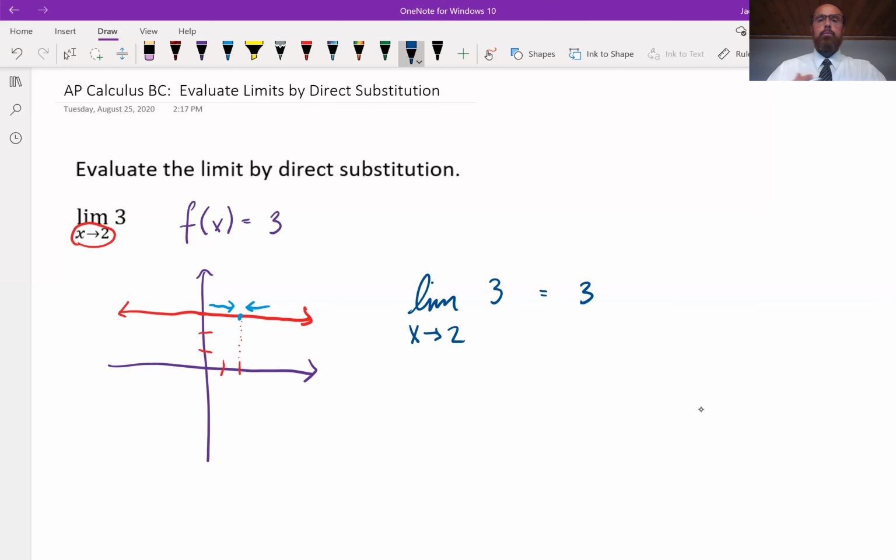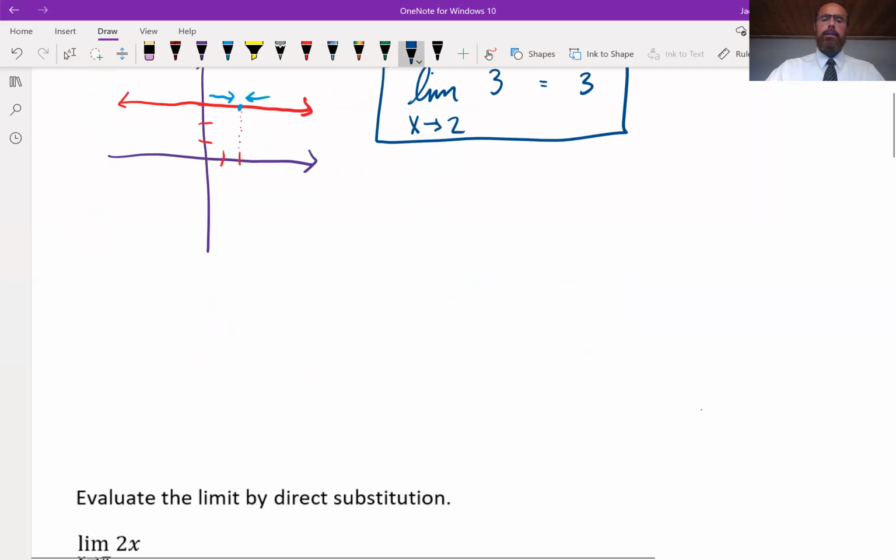Now keep in mind when we're asking about a limit, we're really saying what's happening to the y value as x gets close to, in this case, 2. We'll box that as our final answer. So that's a very simple type of function, just a perfectly horizontal line, a constant value.